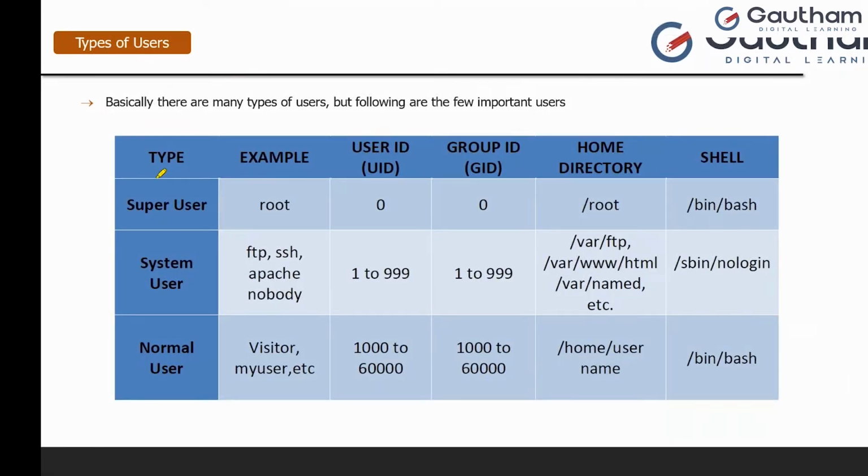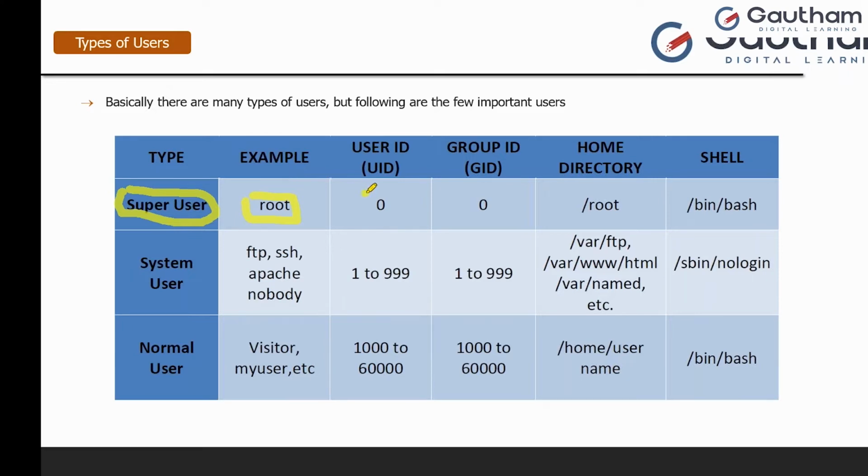The topmost user in Unix or Linux is called the superuser. One and only example of a superuser is the root user. Root is the most powerful user that you have in Unix and Linux operating systems.